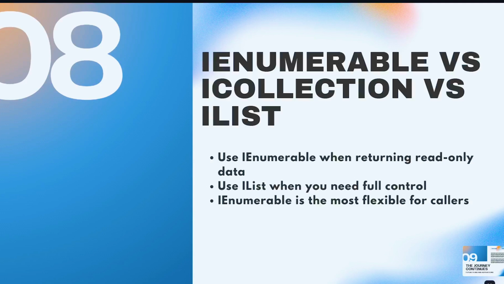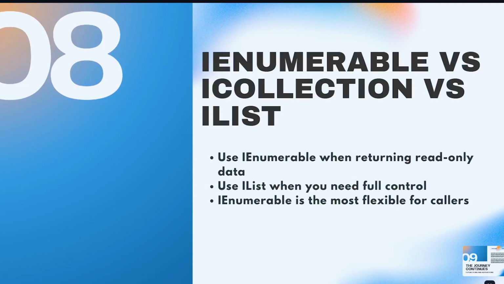So use IEnumerable when returning data from a method. Why is IEnumerable preferred for return types? Most callers only need to loop through data. By returning IEnumerable, you give the caller flexibility. They can put it in a list, an array, anything. It also enables deferred execution with LINQ queries. The query does not run until you actually loop.